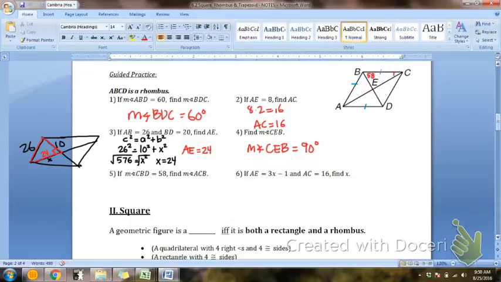They want me to find out how much this one is. Any ideas? We only know 2 angles, or we only know 1, right? I'm looking at this triangle. Mackenzie, I see you working. What are you thinking? Share your knowledge with the rest of the class.